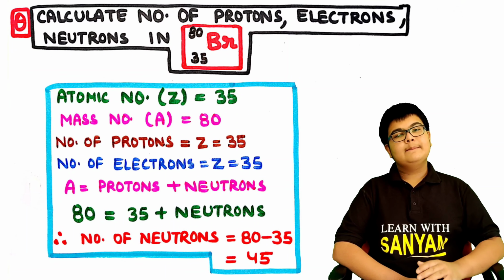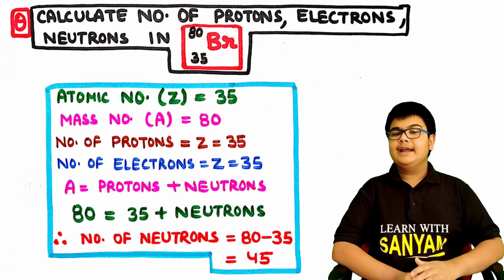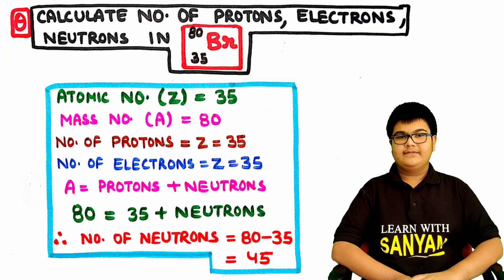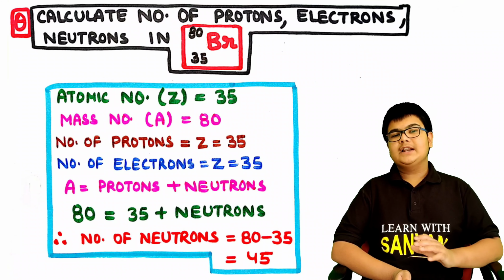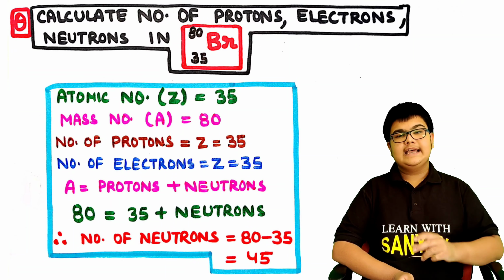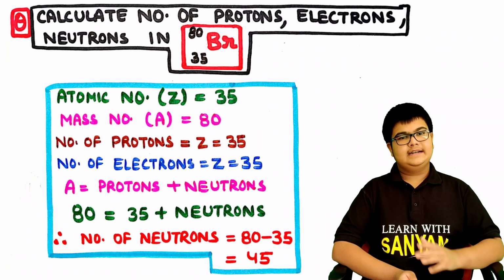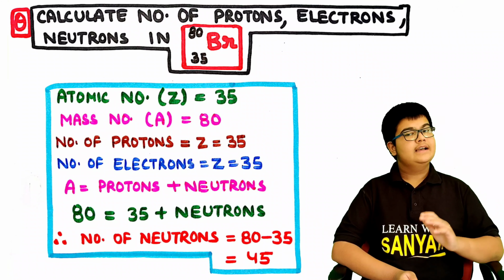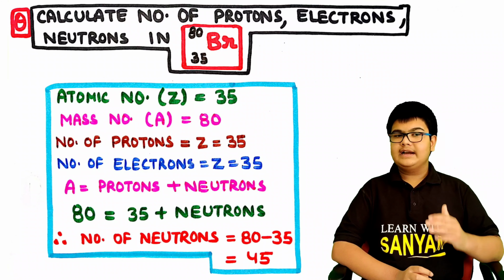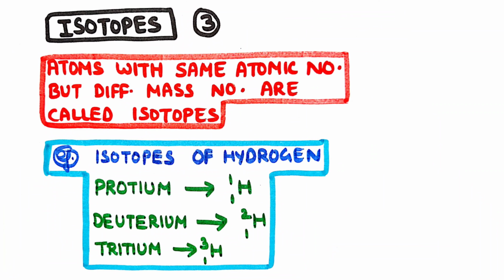So the number of neutrons becomes 80 minus 35, that is 45. So in this way we have calculated the number of protons in this element as 35, number of electrons as 35 and number of neutrons as 45. With this, we have come to the solution of this question.